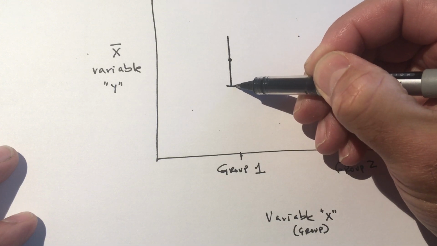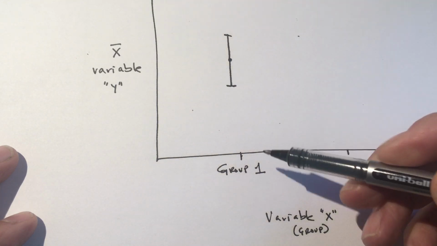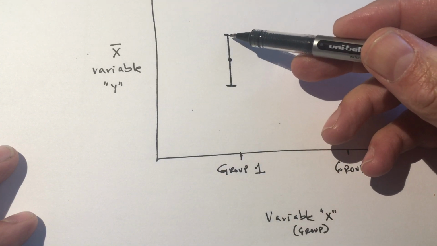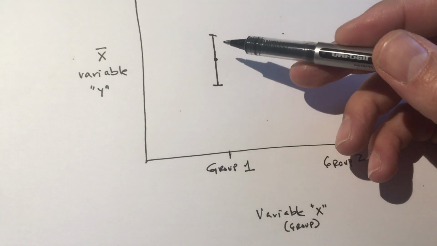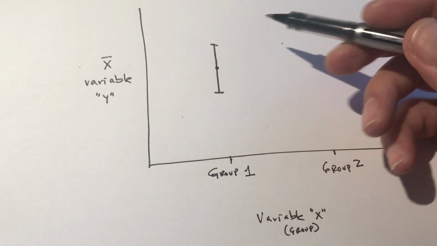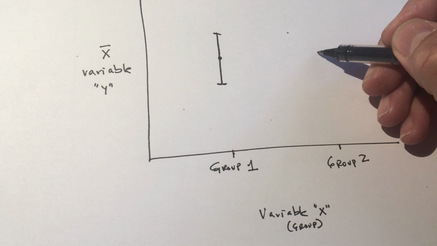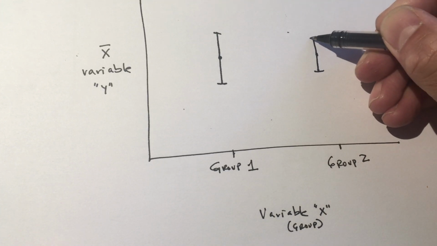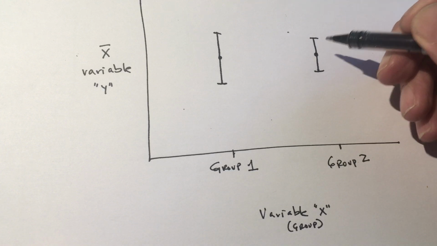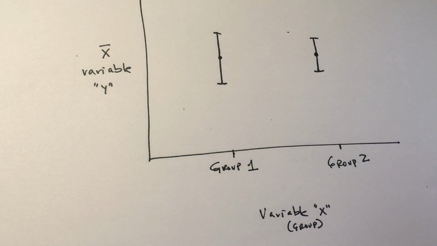So for example, this is one scenario where you have the mean of group 1 and the 95% confidence interval ranging from here to here. And then for group 2, the confidence interval might be smaller than group 1, but these two intervals in a way are within each other.